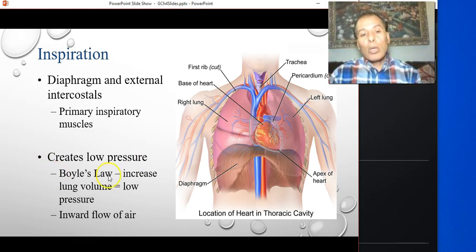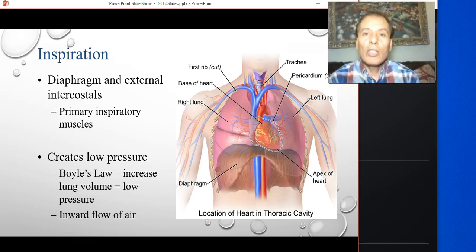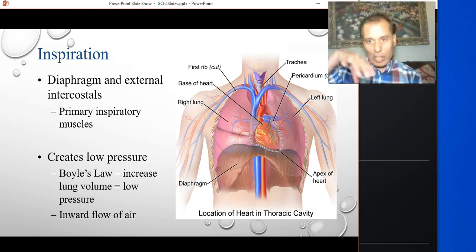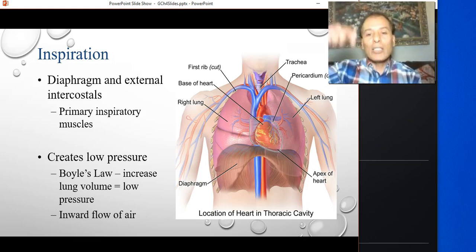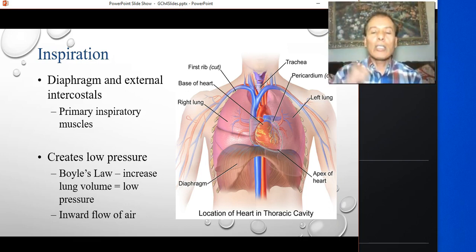So the idea of Boyle's law, how it relates to breathing, how it relates to respiration. You need to know exactly what Boyle's law says, and you need to focus on the word enclosed, closed. So Boyle's law says, when the volume, the space inside of a closed container increases, the pressure inside of that container decreases.